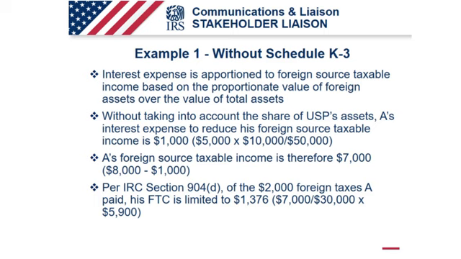In other words, we only want to relieve double tax on the foreign source income. We can't use foreign tax credits to offset the liability on your U.S. source income.